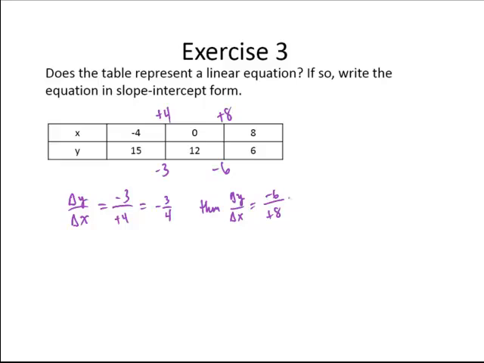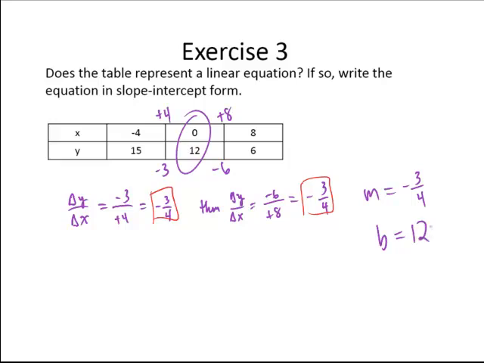That reduces to negative 3/4, the same as the previous one. So we do have a constant rate of change, and m is equal to negative 3/4. Again, we see an ordered pair (0, something), so b is 12, and we can write y equals negative 3/4 x plus 12.